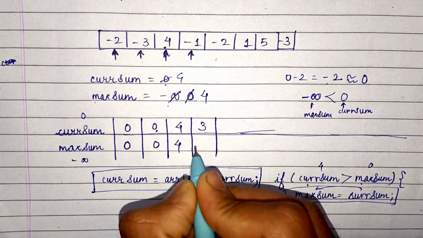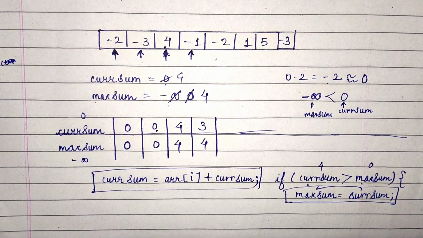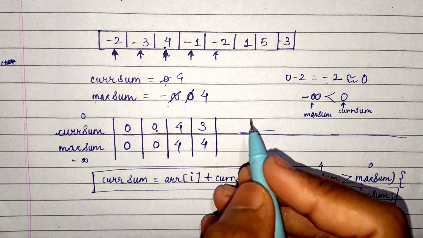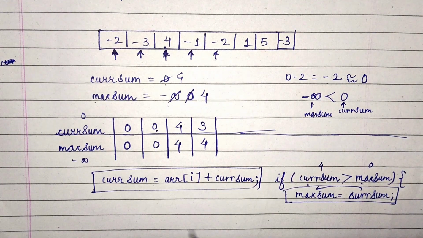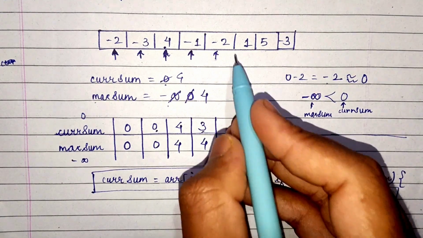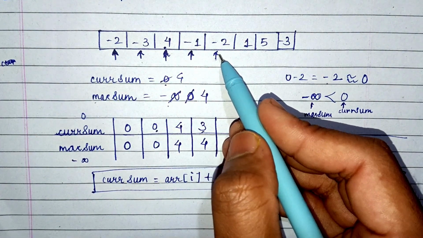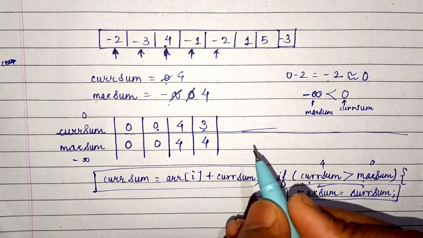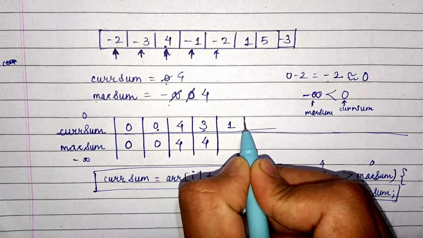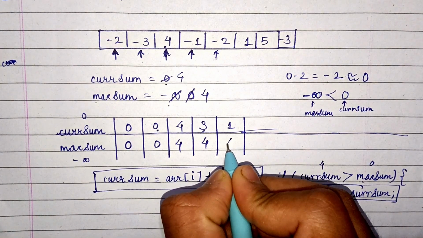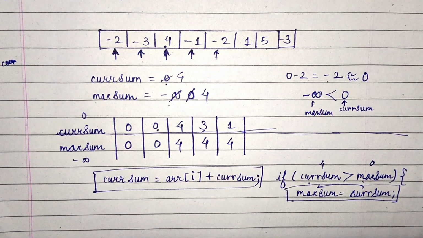Then the compiler goes to the next element: the current sum is 3 and the current element is minus 2, so it will be 1, and the maximum sum will remain 4.